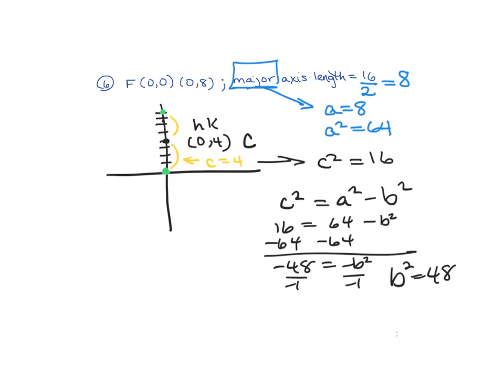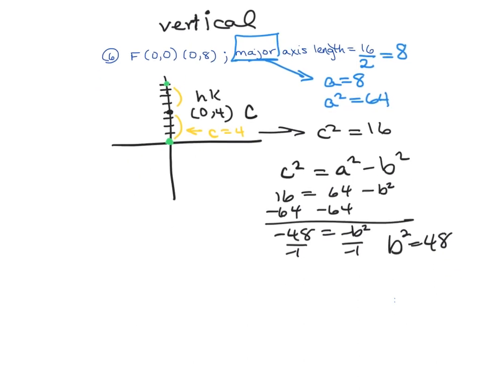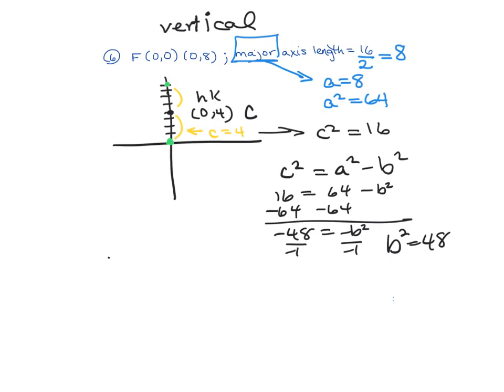Now, remember, your focus points are always on your major axis. So you can see your major axis here is vertical. So you know that your A squared is going to be underneath the Y. So X minus H, and my H is 0.